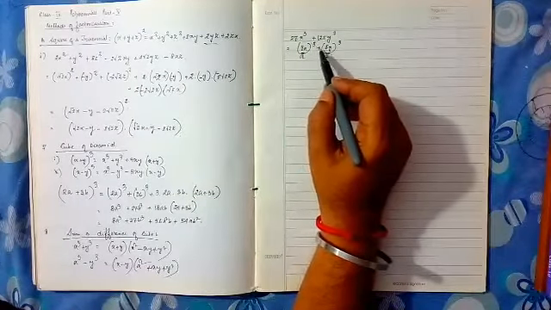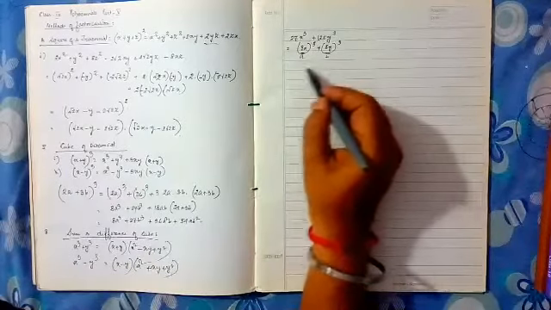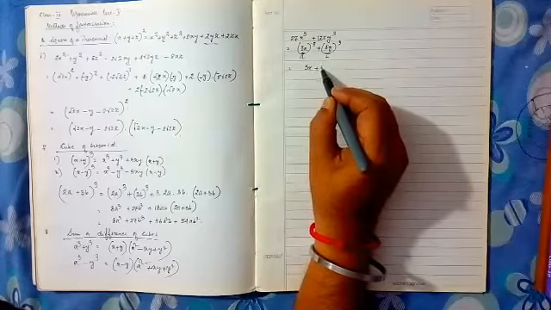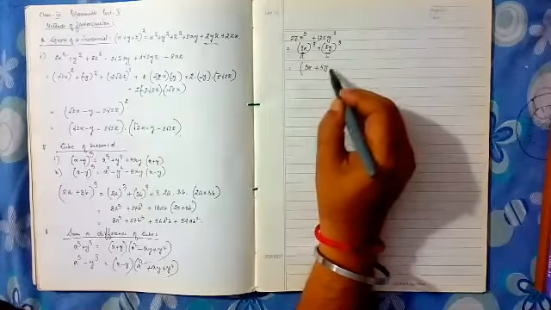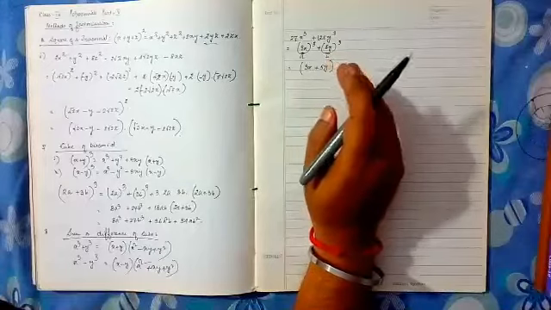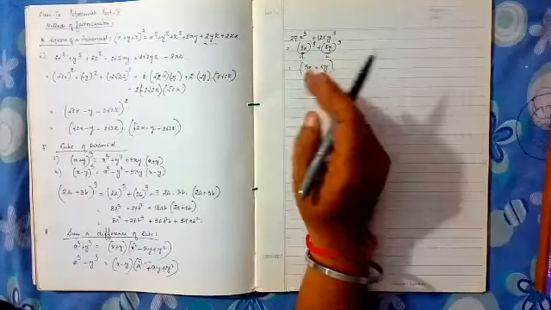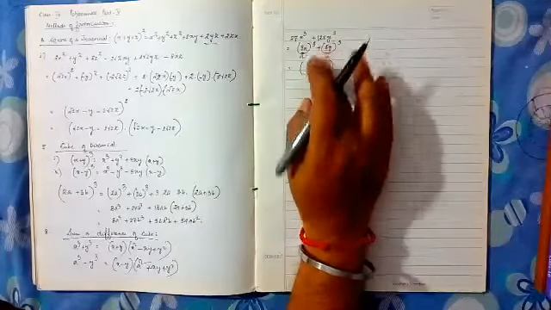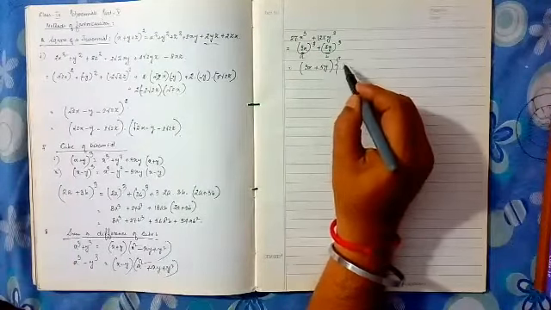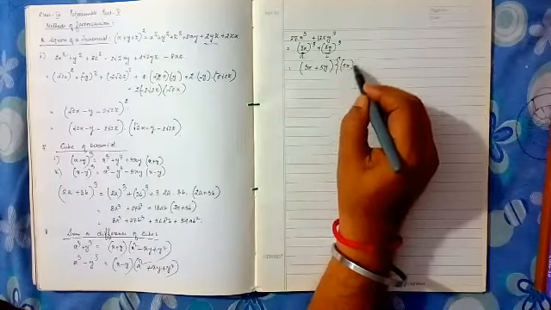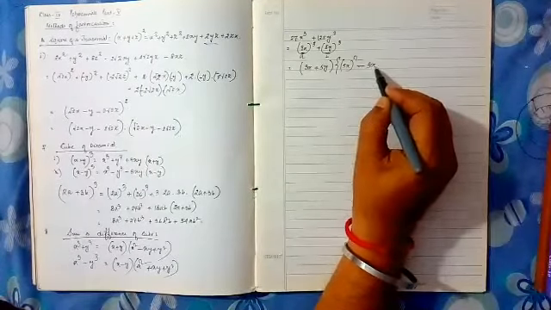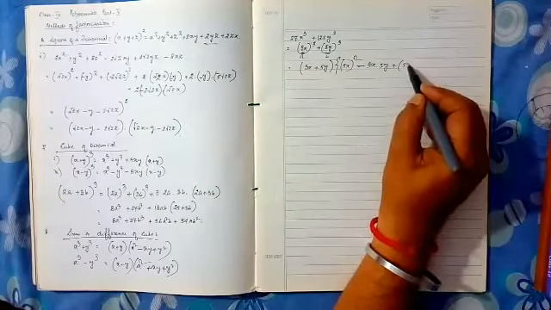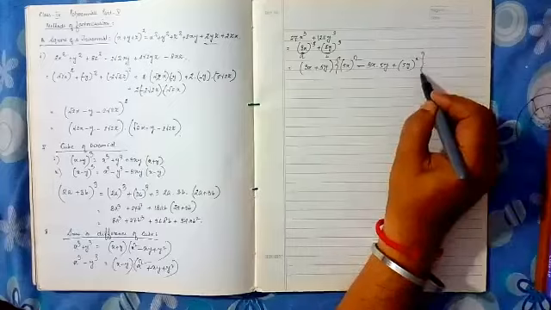So a cube plus b cube is equal to a plus b into a square minus a into b plus b square.